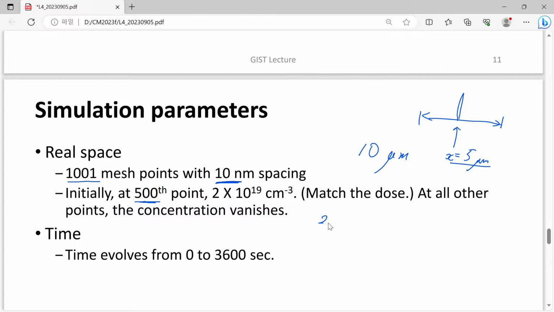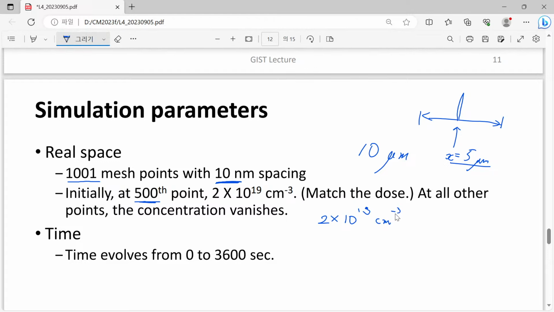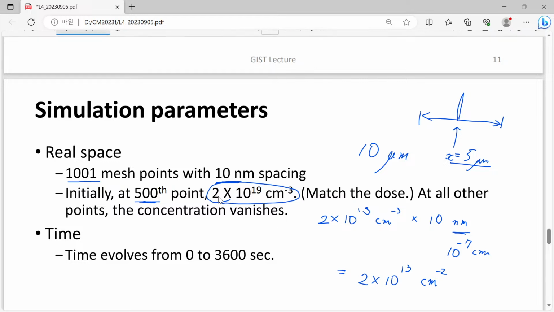When we multiply 2 times 10 to the 19 per cubic centimeter by 10 nanometer, this 10 nanometer corresponds to 10 to the minus 7 centimeter, as you know. Therefore we will have 2 times 10 to the 13 per square centimeter. So this quantity was obtained from the specification of our problem or example.